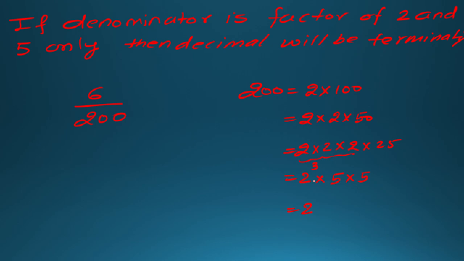So 2 raised to the power 3 and 5 raised to the power 2. What we can see here is that 200 can be factored only in the form of 2 and 5. So this will be a terminating decimal. But what will be the decimal expansion? For that you will have to divide it.